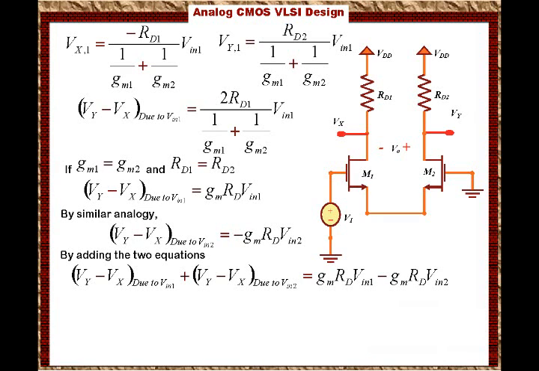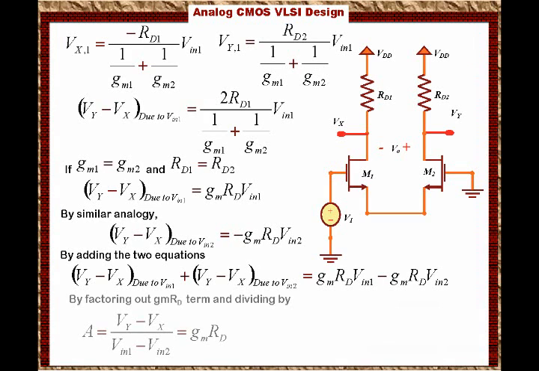And now by factoring out the Gm times Rd term and dividing by the differential input, we say that the differential gain, which is Vy minus Vx over Vn1 minus Vn2, will equal Gm times Rd. And this is the differential gain for the differential amplifier.